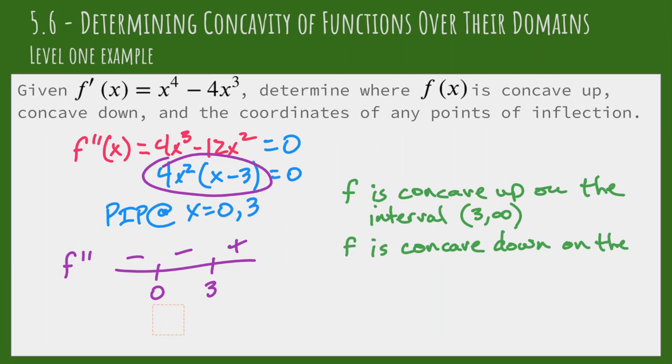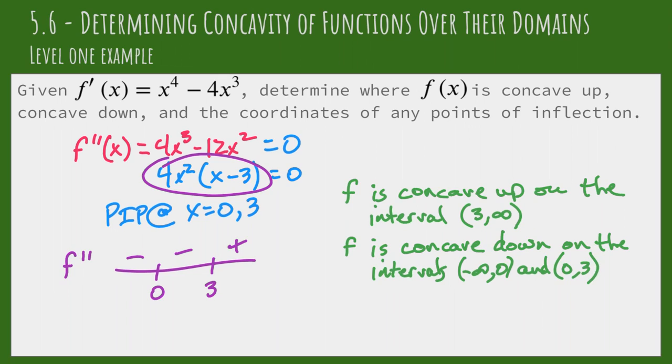So this is kind of a weird thing, but we are not going to include that point on the concave down interval because for the function to be concave down at the point, it has to have a negative second derivative at that point. So we're going to list this as two separate intervals. So on the intervals from negative infinity to 0 and from 0 to 3. So notice we're excluding 0 because it is not concave down at 0 because the second derivative is not negative at 0.